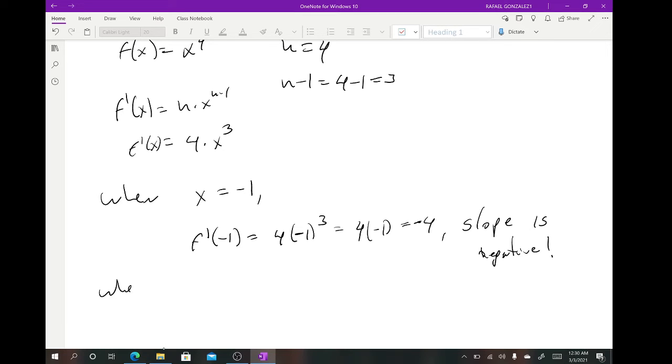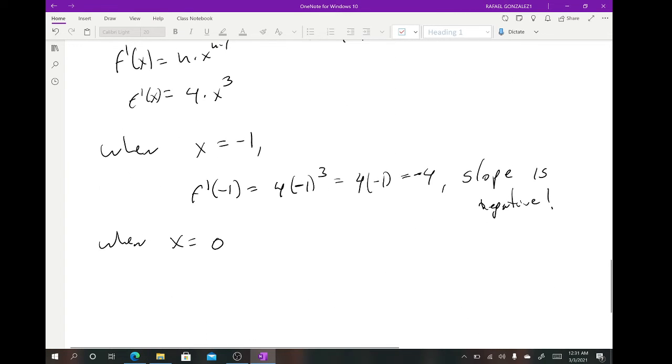How about when x is 0? So when x is 0, we have the derivative evaluated at 0. F prime of 0 is going to be equal to 4 times 0 cubed. But 0 cubed is just 0, so that's 4 times 0, which is just 0.